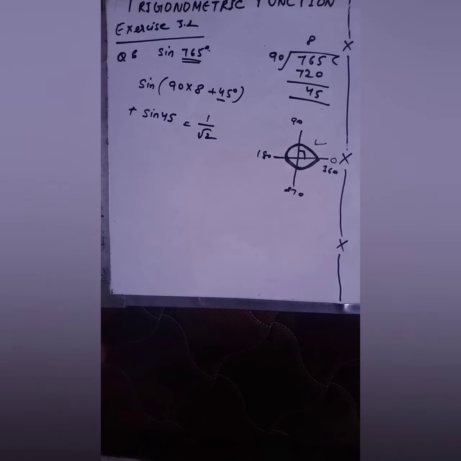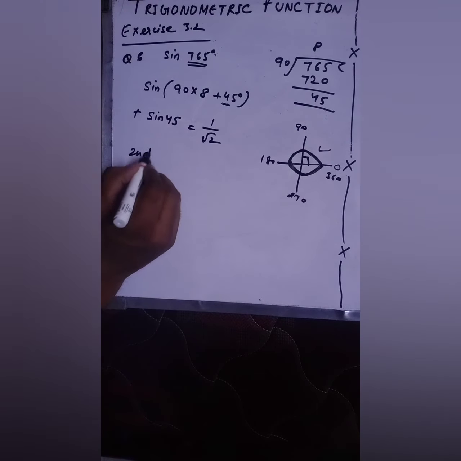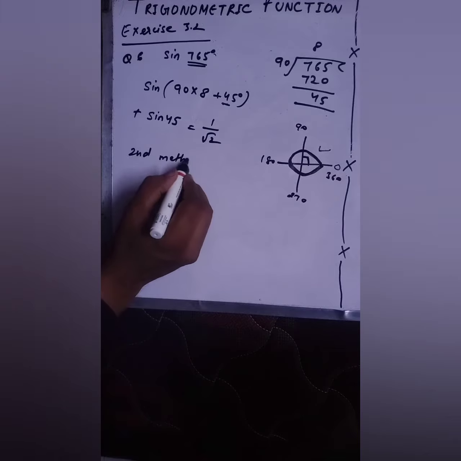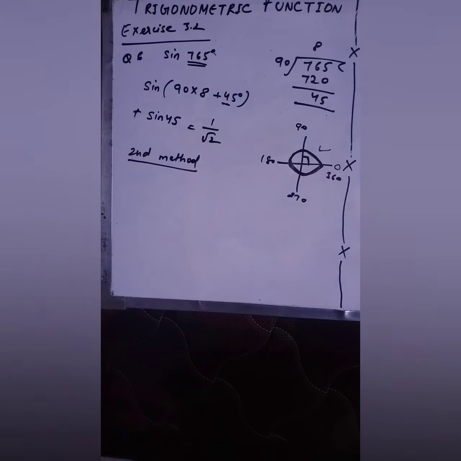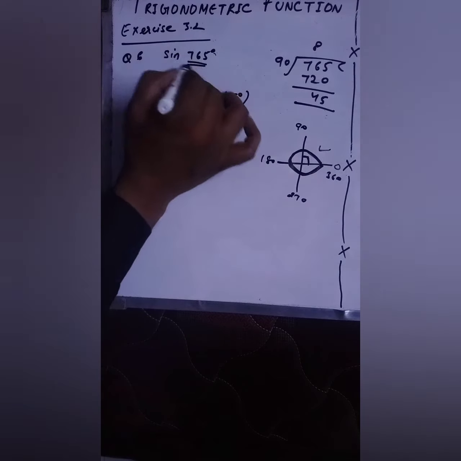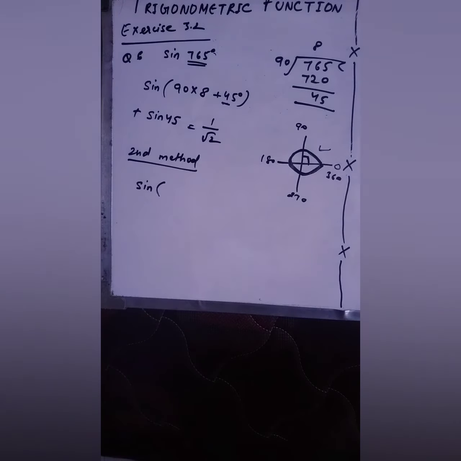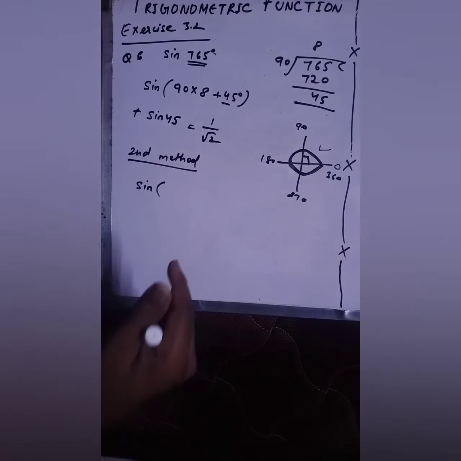We can solve the same question by the second method. In the second method, you have to write sine, and in place of this, I'm breaking this 765 into multiples of 360.